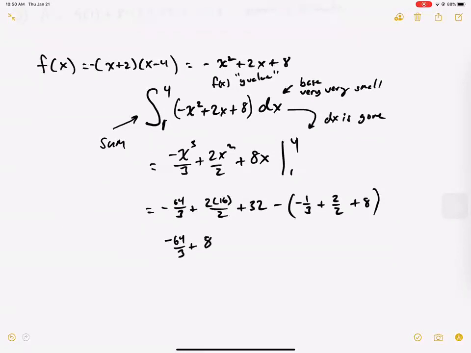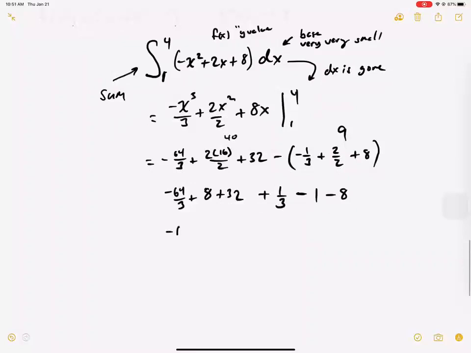32 over 2 is just 8. On the right side, we're going to end up with plus 1/3 minus 1 minus 8. You could also just combine those to become 9. Save yourself some time. Let's call that 40. So negative 64/3 plus 40, and this is minus 9.